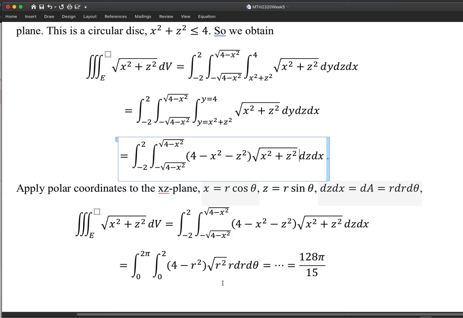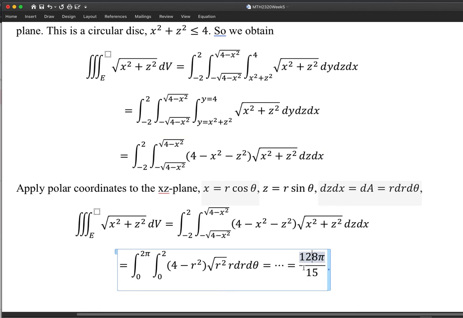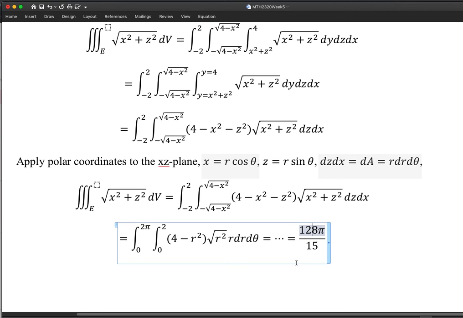So this square root of r squared is just r times r squared, so it's 4 minus r squared minus r to the 4. And in the end, I believe the answer is 128 pi over 15.